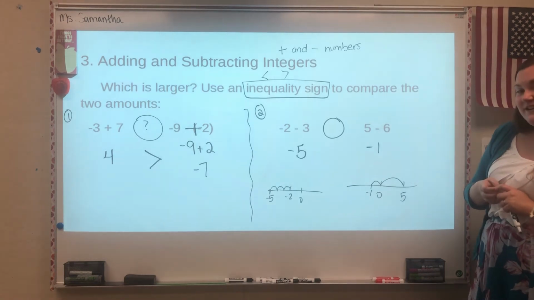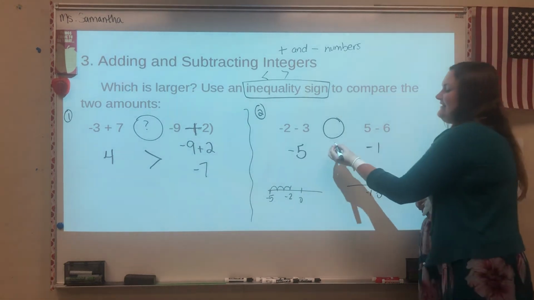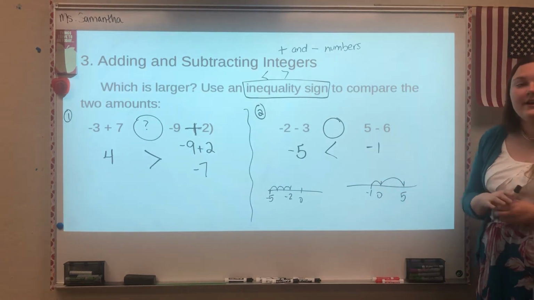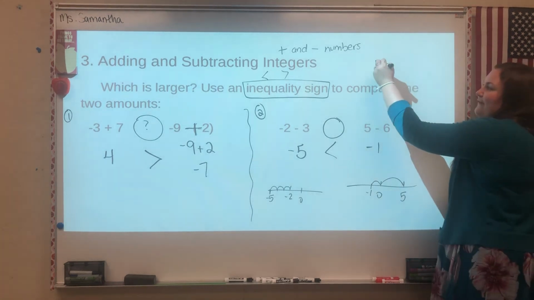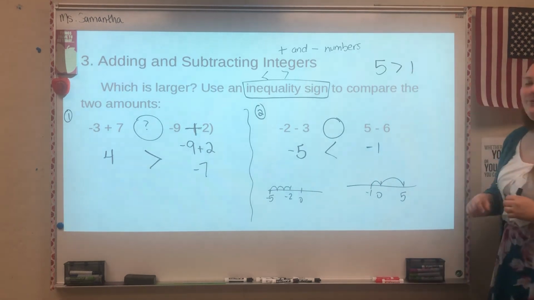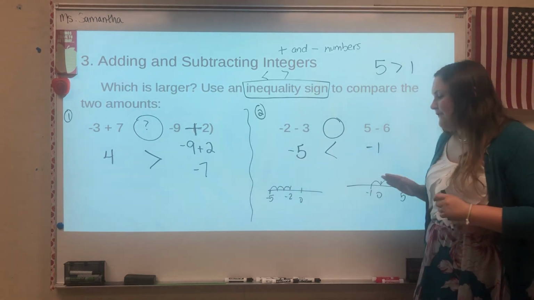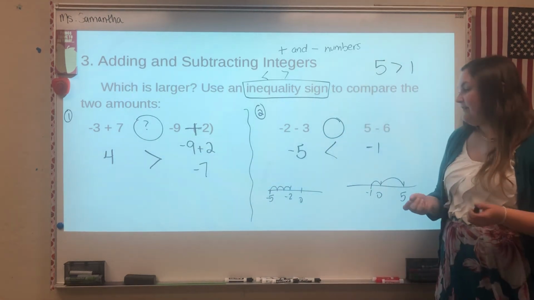This is the part that trips up students sometimes. -5 is less than -1. This was another of the most missed questions on the homework. I know that 5 is greater than 1, which is why I think it's so confusing. But for negatives, remember the further this way on the number line, the smaller you're getting.